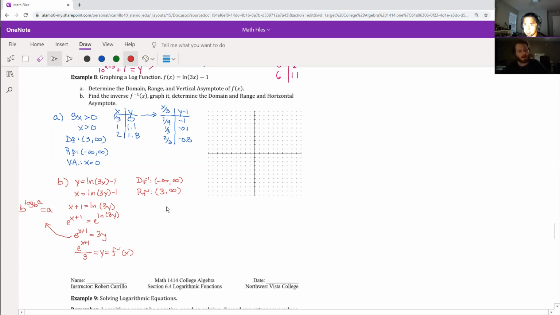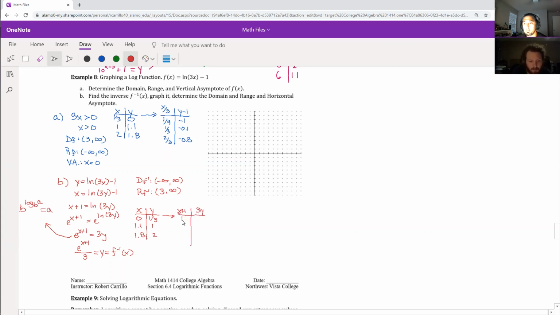And then we want to do our XY table. We'll flip around these initial points: -0.8, which will give us 1/3, 1 and 2. Our transformations will give us x plus 1 and then 3 times y.